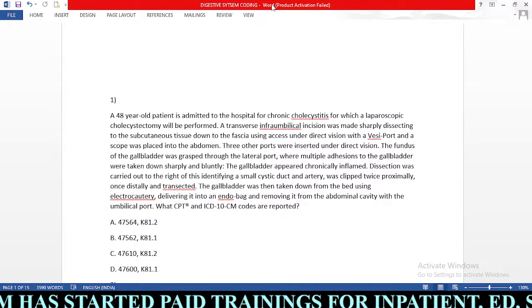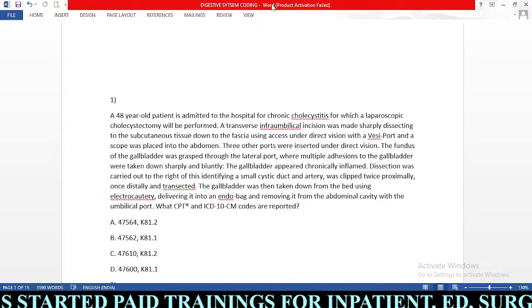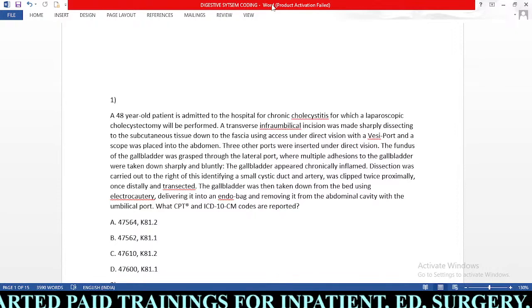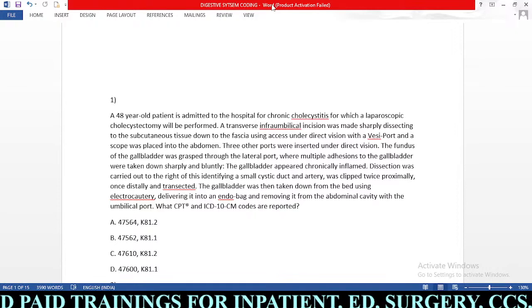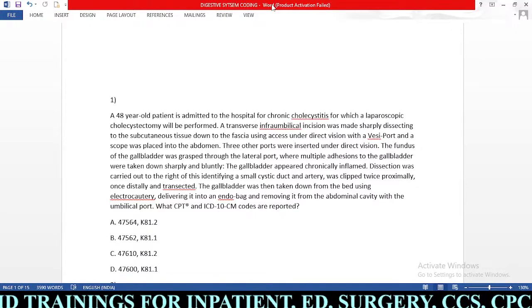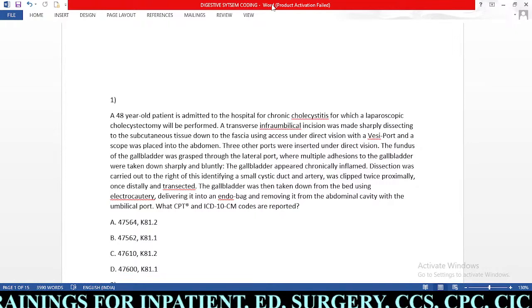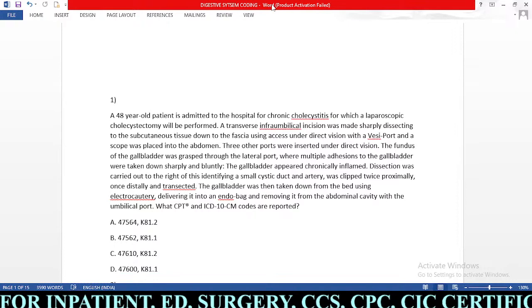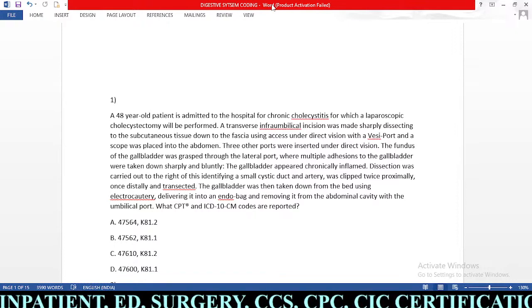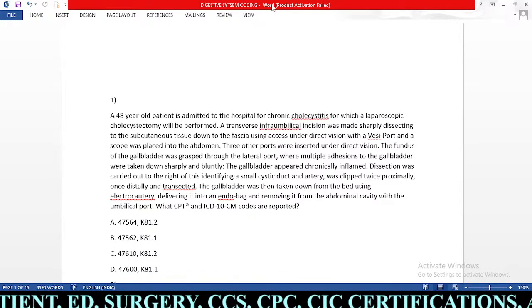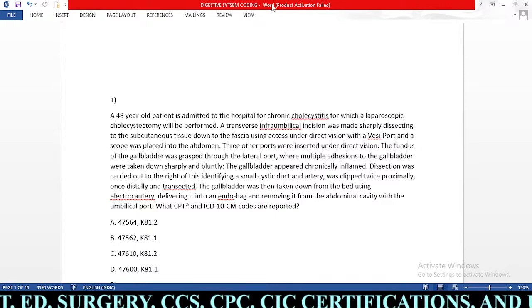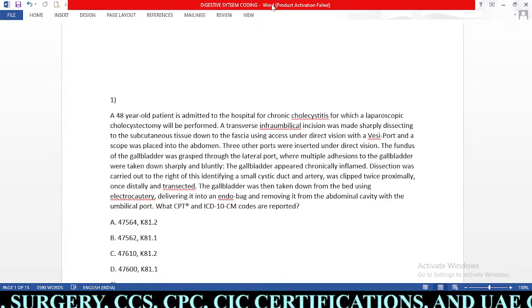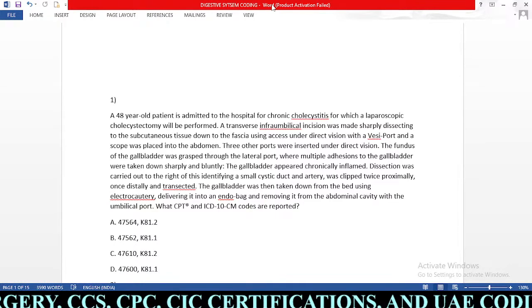If you don't understand, we will discuss here. Our intention is to help the coders. If you don't understand, we will discuss after completion of the whole chapter, the whole session. Sorry, I will try to explain as much as possible.